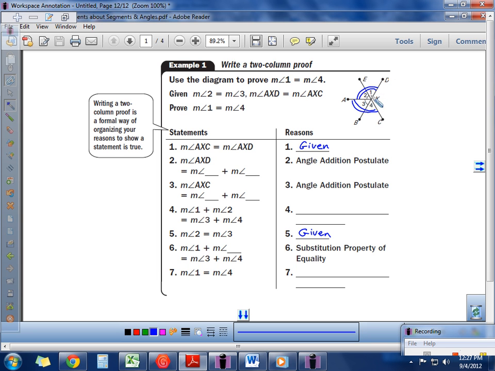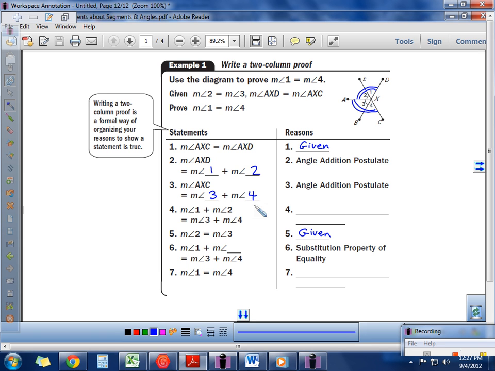Well, they're numbered over here. What 2 angles do I add up? 1 and 2 make up AXD. Now it says use the angle addition postulate again for step 3. How do I make up AXC with 2 angles? 3 and 4. Those are not hard steps.